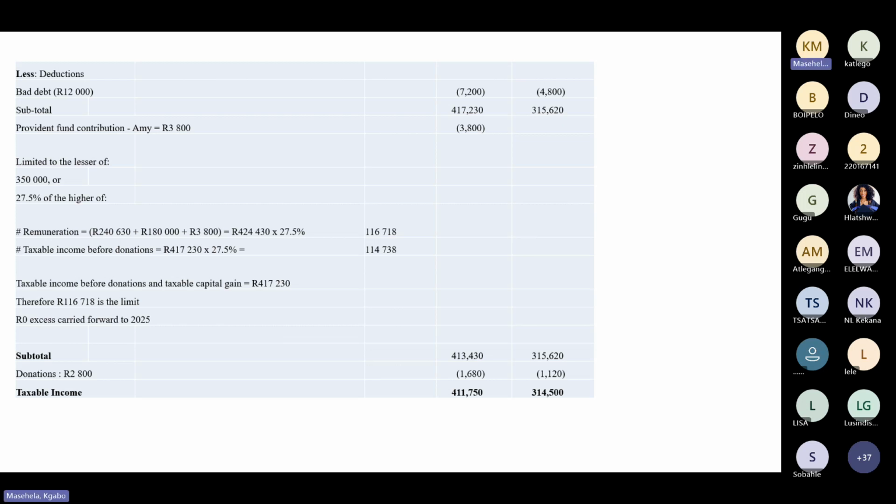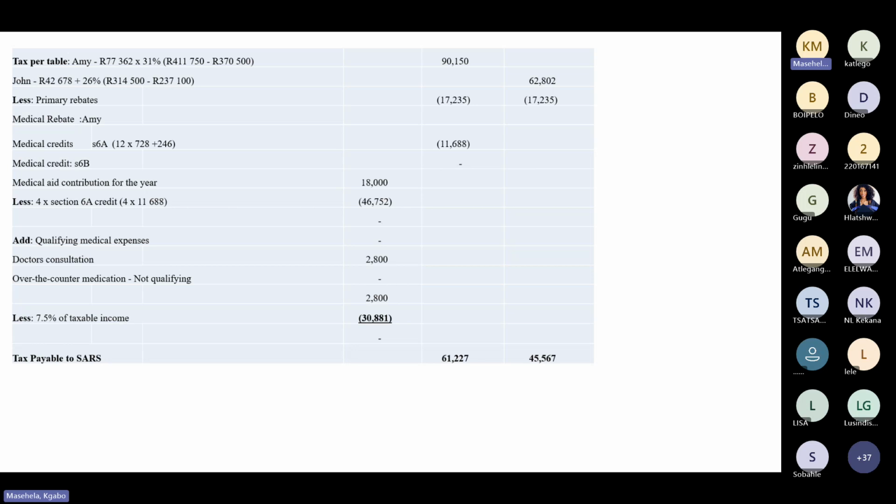This is the taxable income. Tax payable for Amy, because we need to calculate both. Amy, yes. Same procedure for John. However, look at John, because his profit sharing ratio is 40%. That's why his income is lower than Amy.